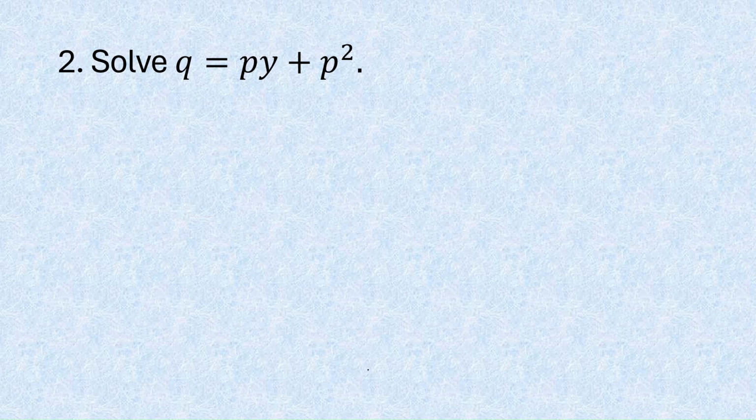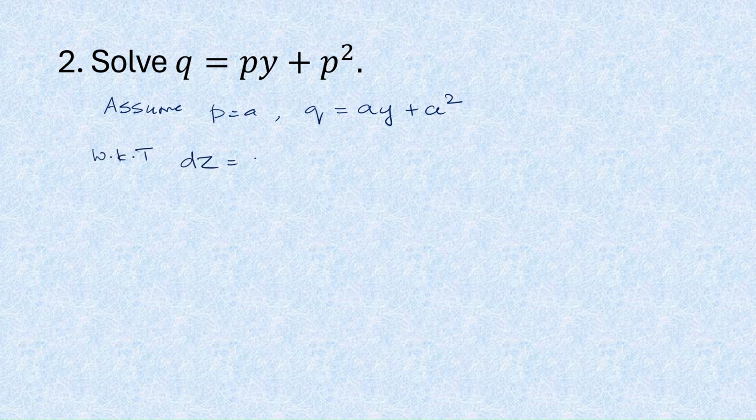Next question is q = py + p². Again, let us assume p = a, which means that q = ay + a². So now again we can take the expression dz = p dx + q dy to get the complete integral.